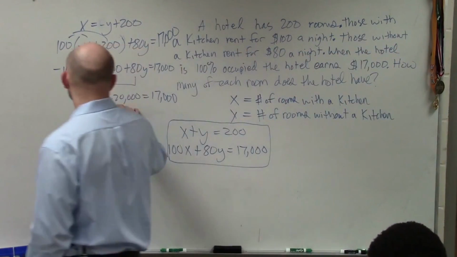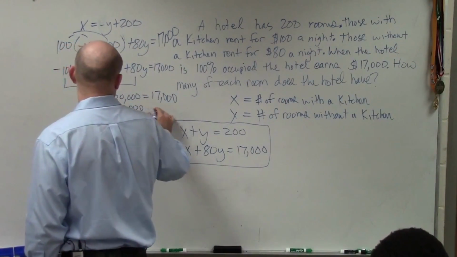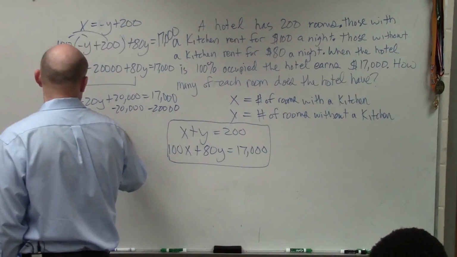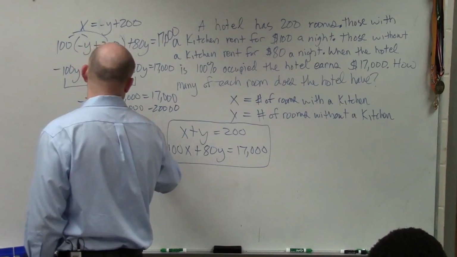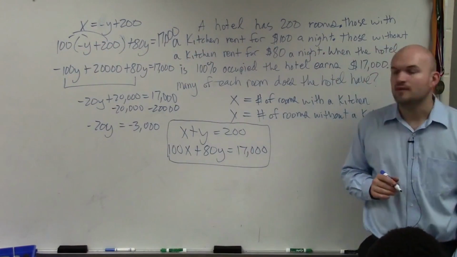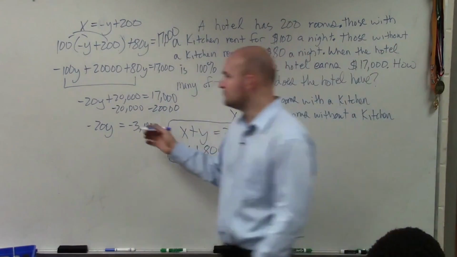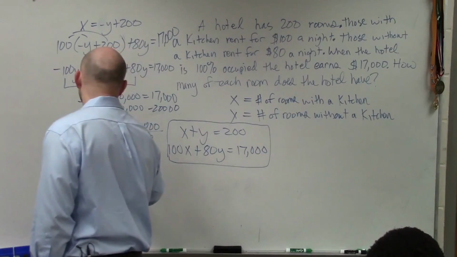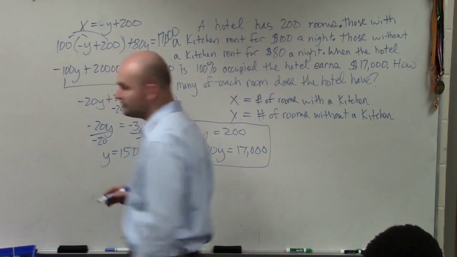So I'll subtract 20,000. So I have negative 20y is equal to negative 3,000. Then, to solve for y, I'll divide by negative 20 on both sides, and I get y equals 150.